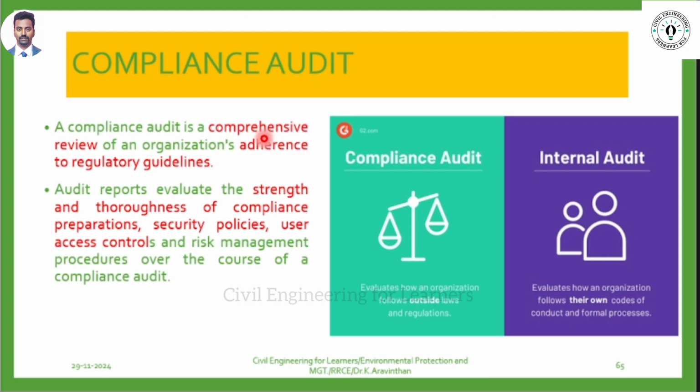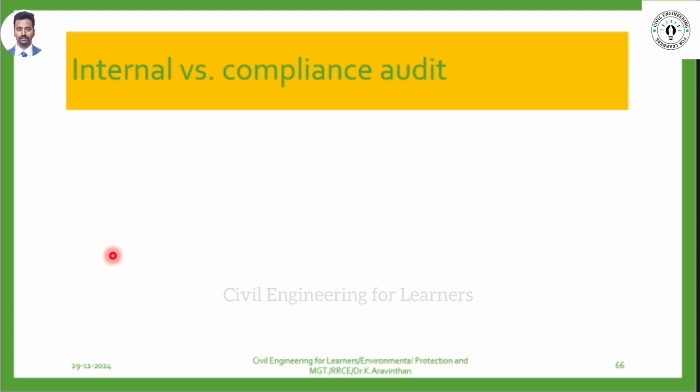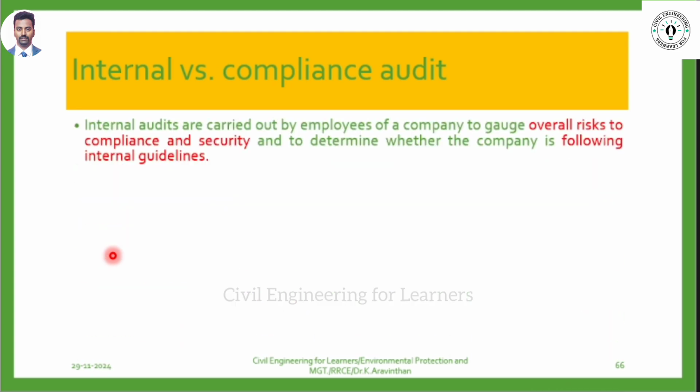ISO is one of the certificates. Then you have a number of certificates for an organization, like the environmental compliance certificate. They evaluate the strength and thoroughness of compliance, preparation, security policies, user access control. These are the things they evaluate. Now, these are the differences between internal audit and compliance audit.